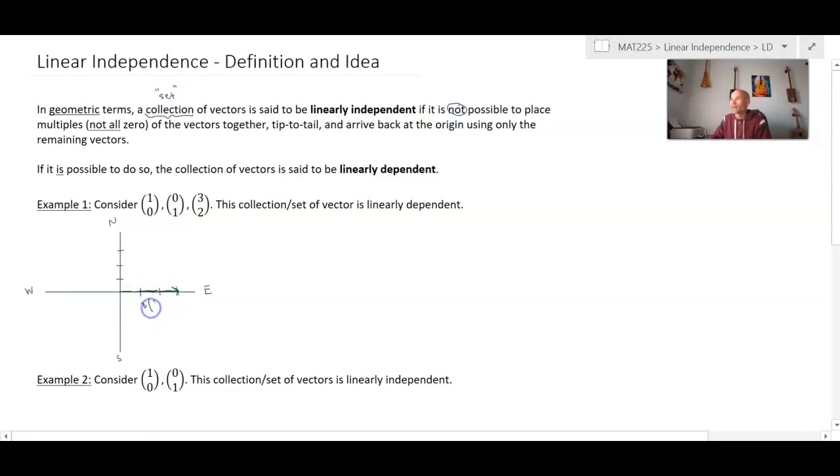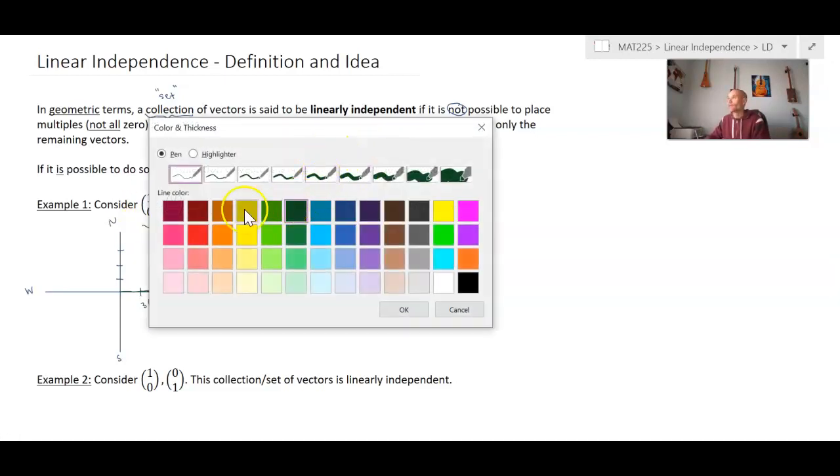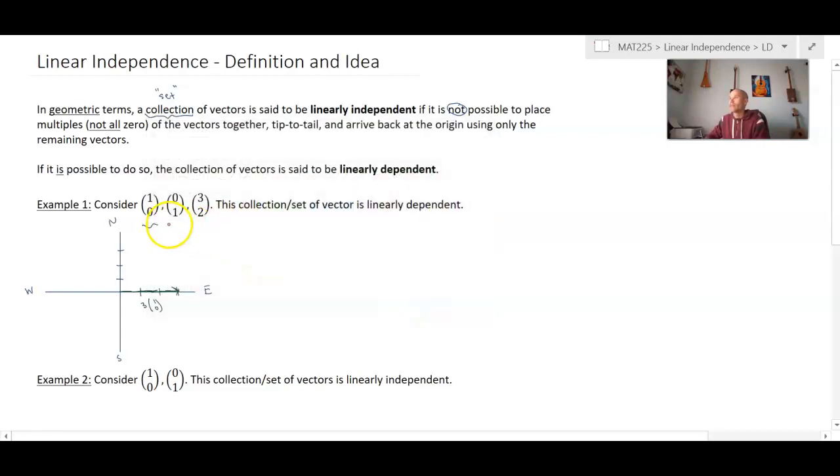So our multiple now is going to be 3. And if I take the (0, 1) vector and take 2 times that, placing it on the tip of this vector, that will take me, if I do this in a different color, to a north position of 2.